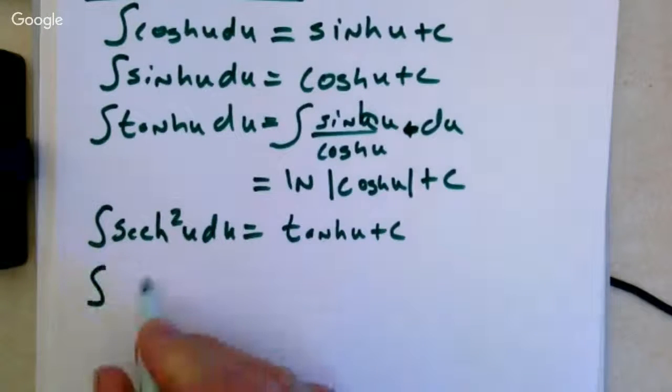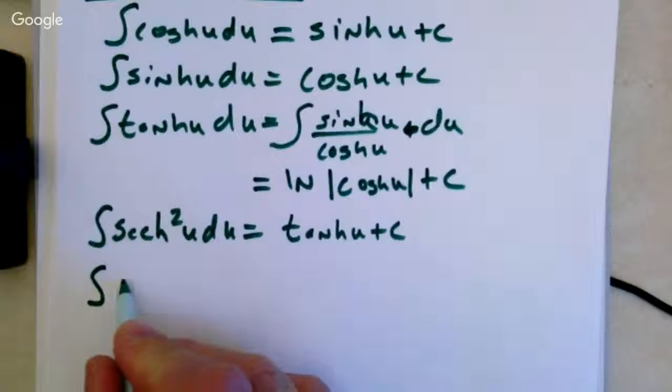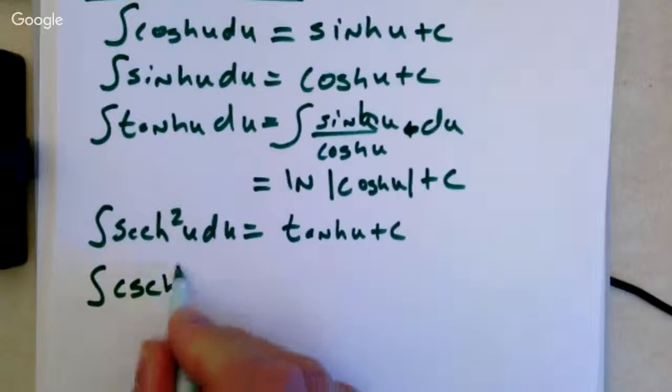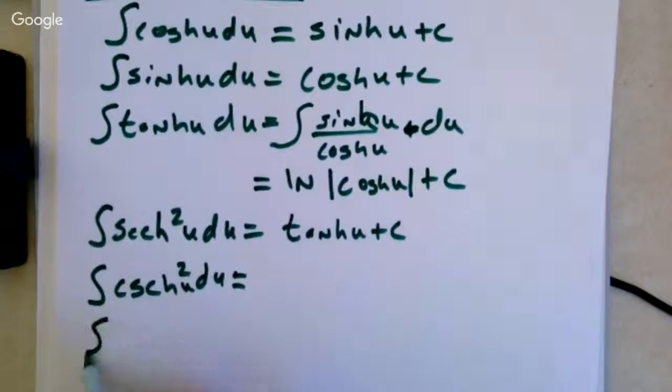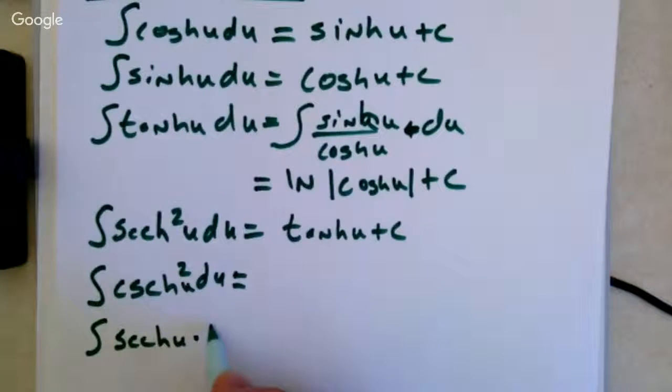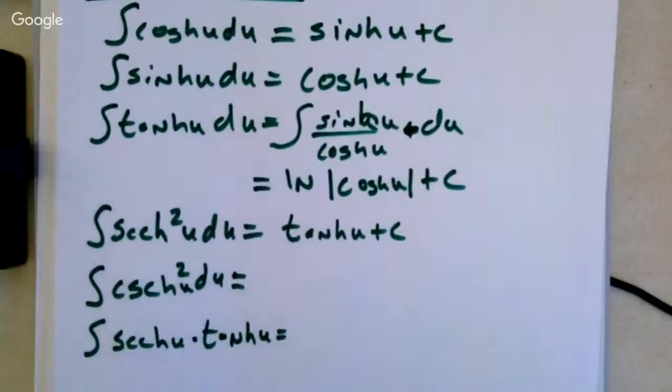Let's go for the next one. Let's go for cosecant hyperbolic squared. What's the integral of cosecant squared hyperbolic going to be?